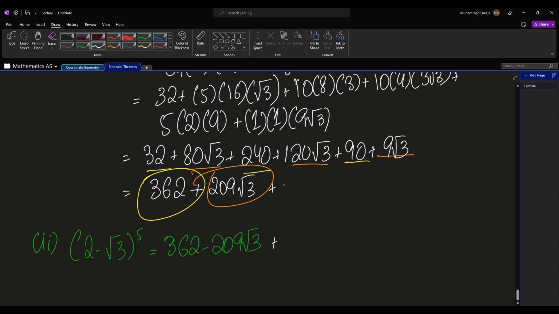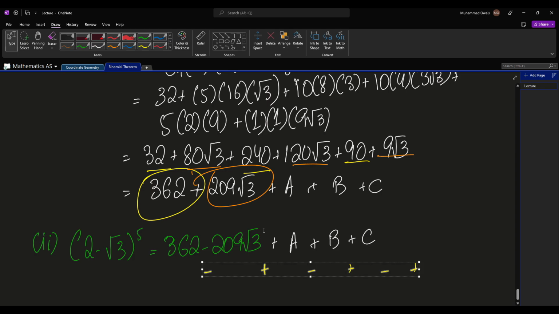Or to make it even better, if you had more terms, like for example, let's call it A, B, and C, how are you supposed to decide where to replace positive and negative? Whenever you have a negative sign, our series goes as negative, then positive, then negative, then positive, then negative, then positive. This is how a negative binomial series goes, all right?